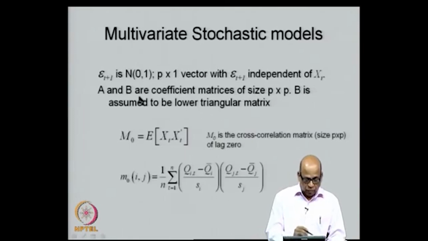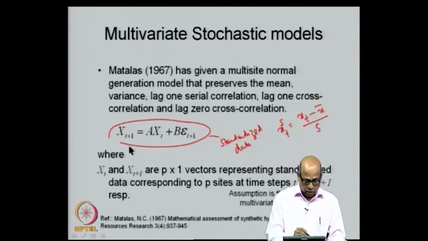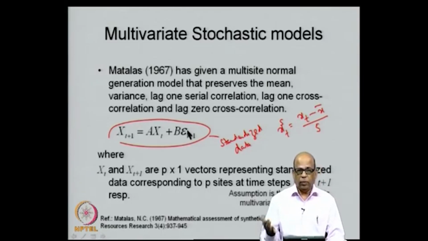Which means, in this model, if you specify A and B, epsilon t plus 1 is obtained from your standard normal deviate tables, and x t is the vector of previous values. Your model is completely specified.